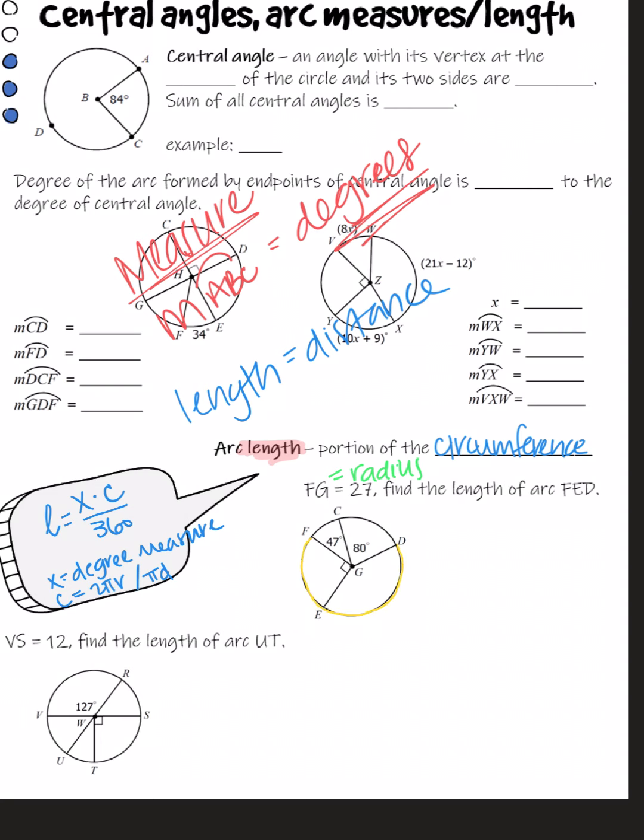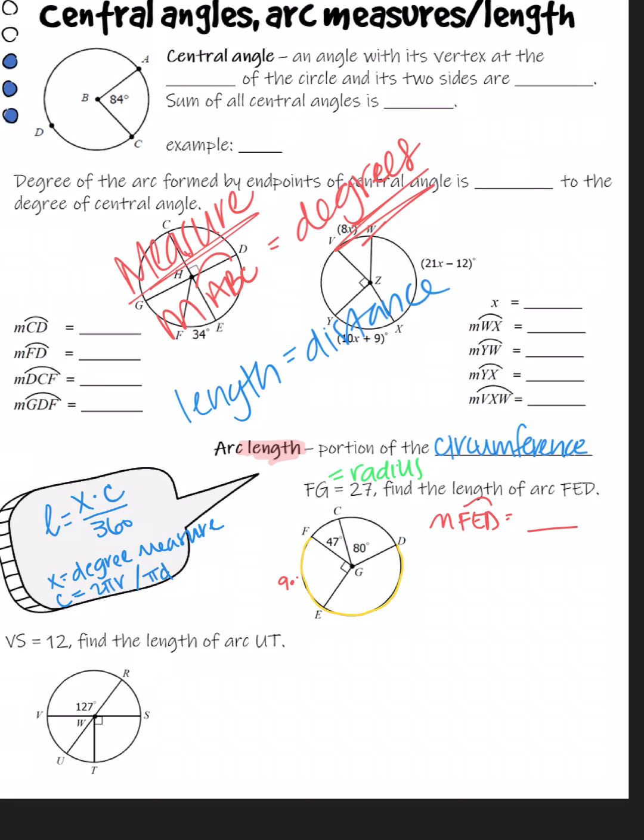First step is to find the measure, so degrees. We want to find the measure of FED. We know that this portion is 90 degrees because it's noted by that little square.